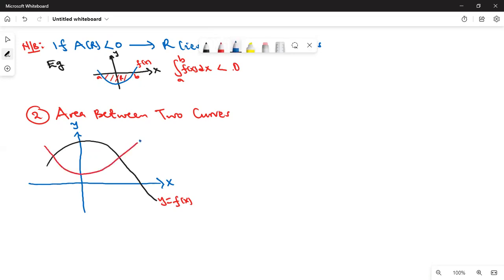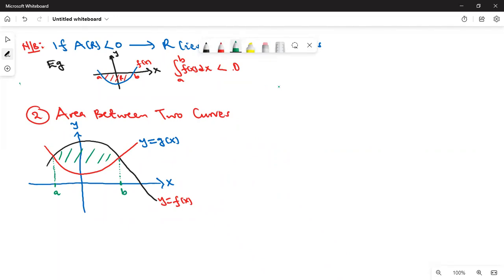And this one is y equals g of x. Those are two curves. So we want the area between those two curves, the area of the region enclosed by the two curves. So let me pick another color. This is the region R, from this point, let's say this point is x equals A, to this other point where x equals B.